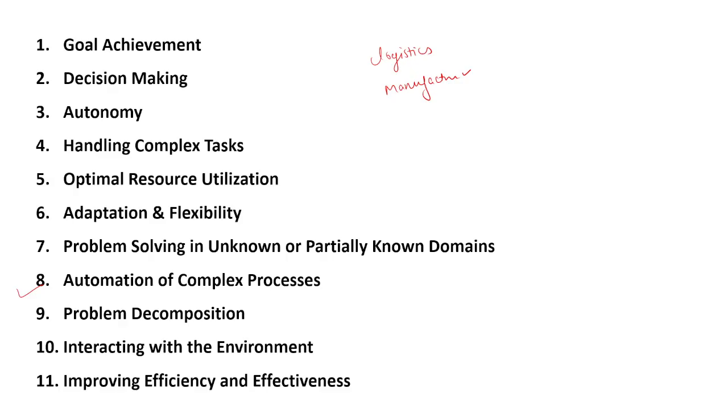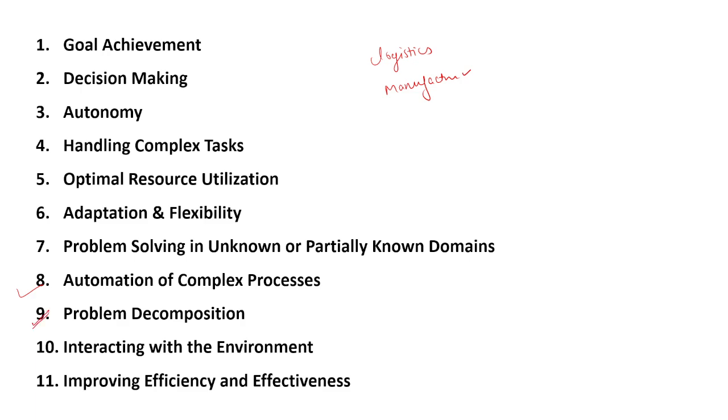Let's take an example here. A robot or drone may automatically plan its path in a factory or warehouse to pick up items and deliver them without direct human guidance. This is done with planning system under AI.